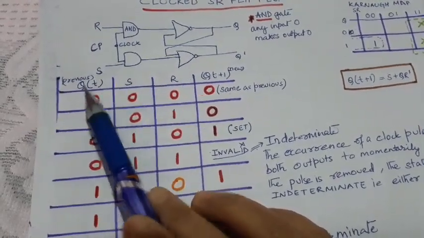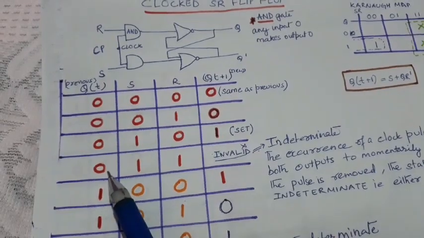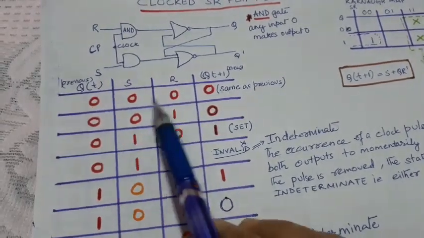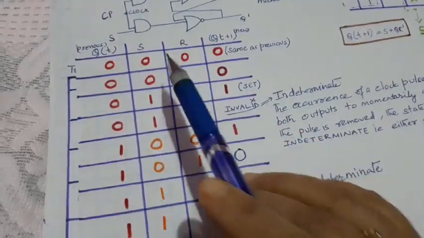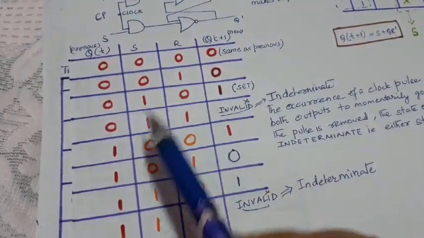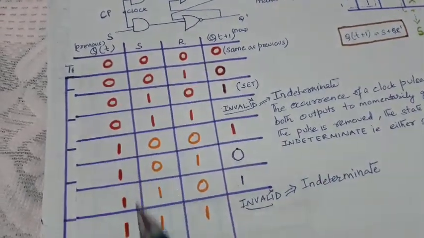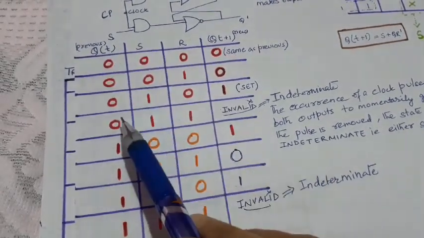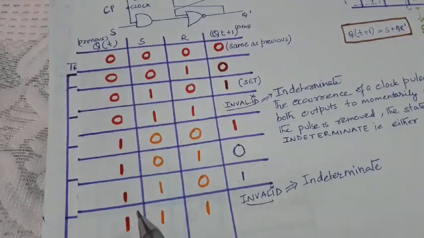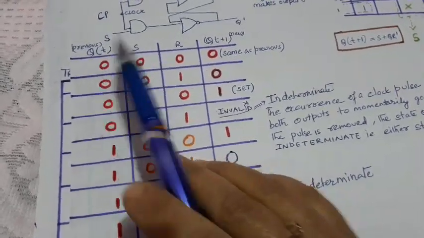First we'll assume that it was 0, and with that 0, these combinations: 0 0, and so on. Then after we have taken all the combinations, we assume that Qt was 1, and again the values. That is why you'll see here 4 zeros with 4 combinations and 4 ones. So this is your Qt previous.